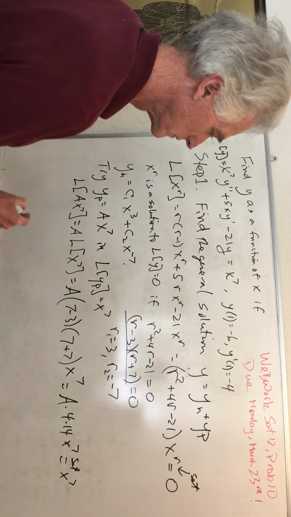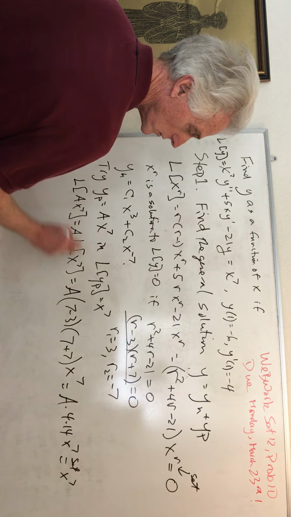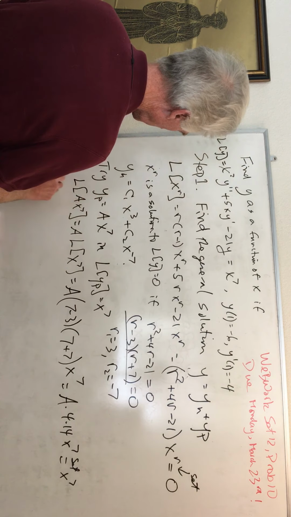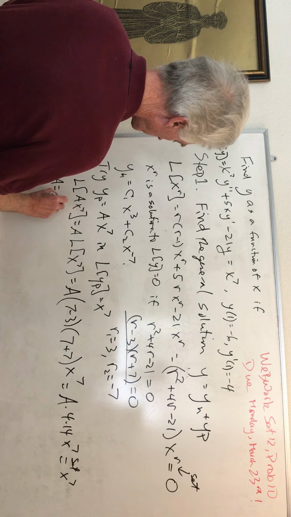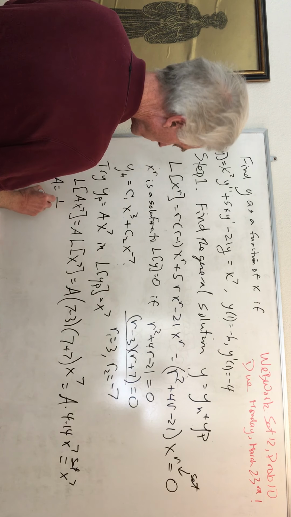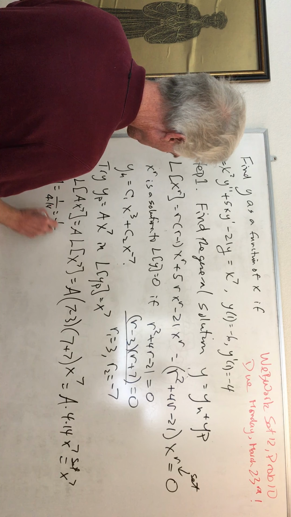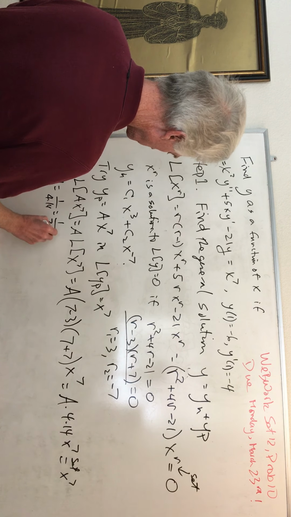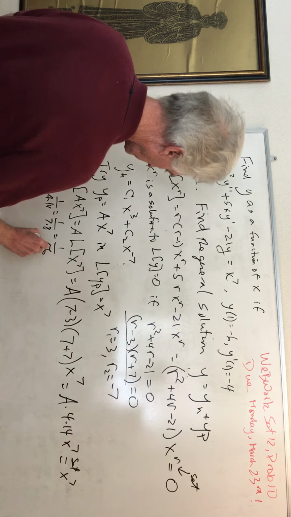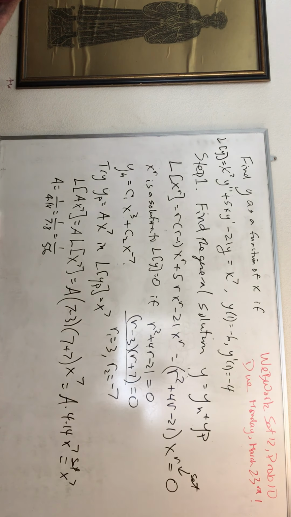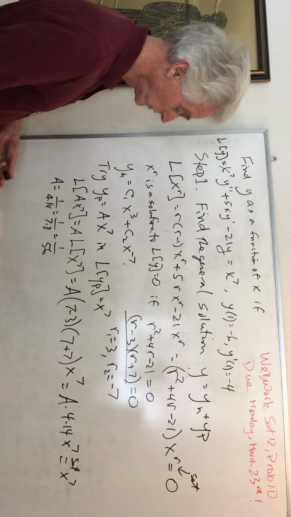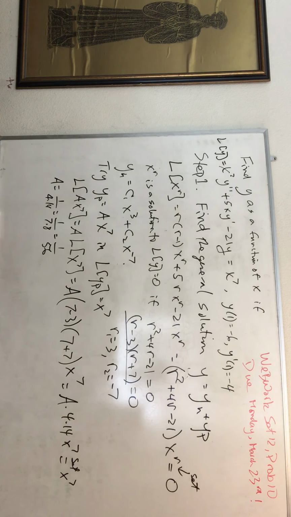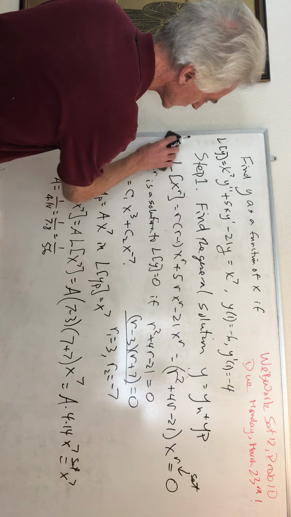Right? Cool. So that's pretty easy to think. We get a is 1 over 4 times 14, or 1 over 7 times 8, which is 56. Right? All right. So we're basically done with this step 1.